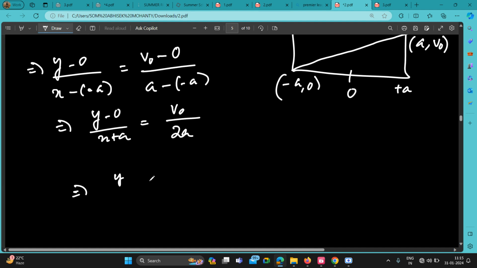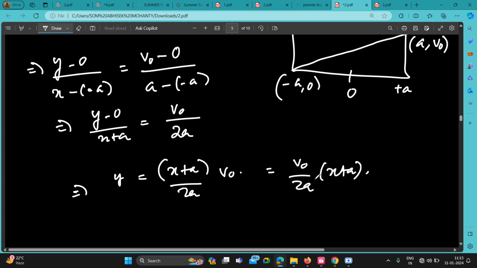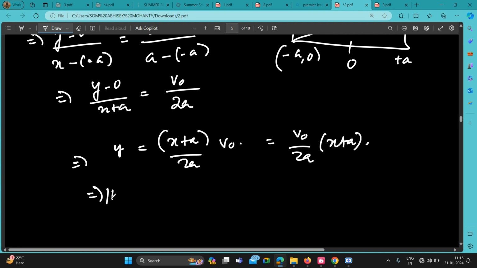Okay, so y is equal to x plus a by 2a into V naught. This is the equation. Because you can write it this way: V naught by 2a times x plus a. Okay, this is the perturbation. The perturbation is just equal to V naught by 2a times x plus a.